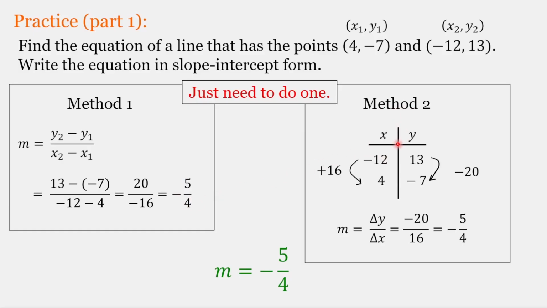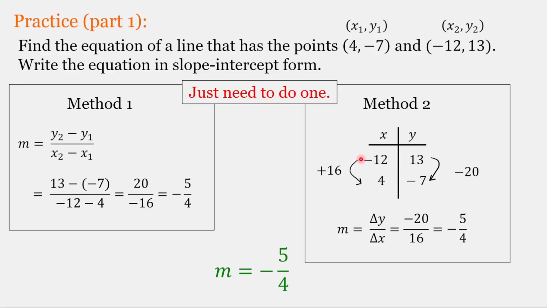Another method is to create a table with the ordered pairs, and I prefer having my x values in order. So I have my smallest x value first, which is -12, and then its corresponding y value, and then the next ordered pair, 4, and its corresponding y value of -7.